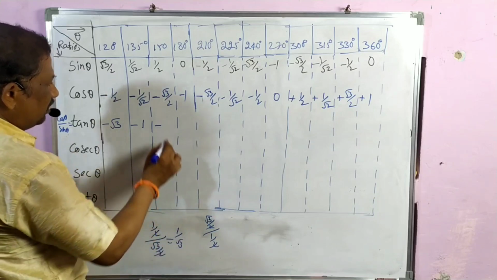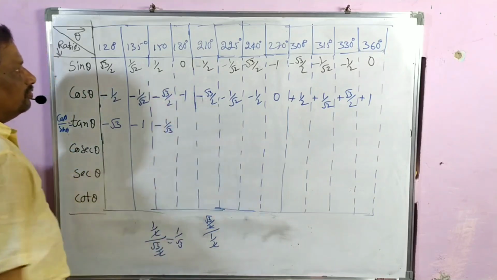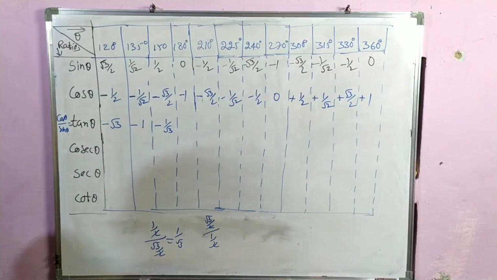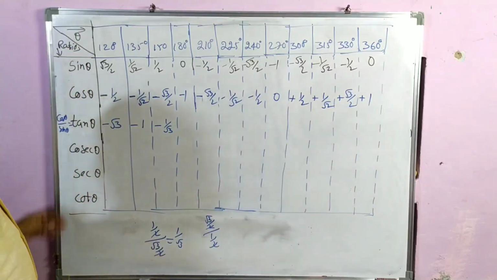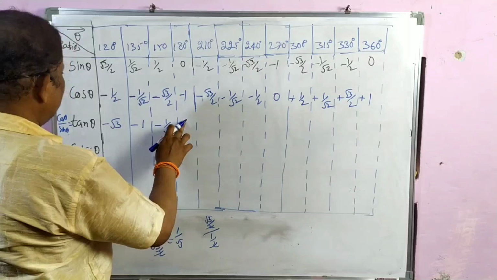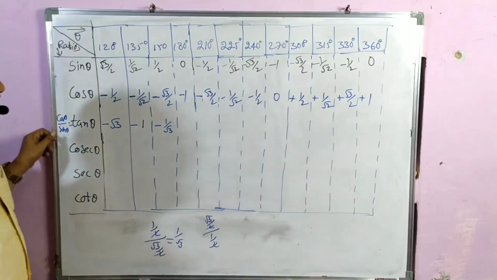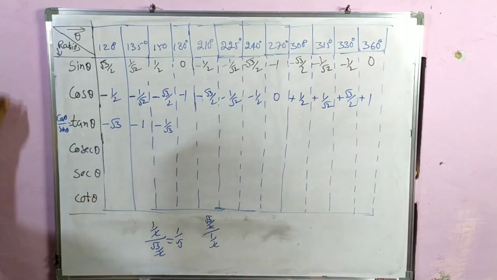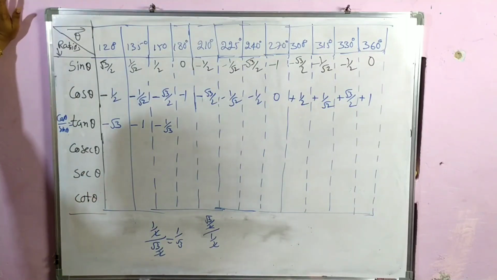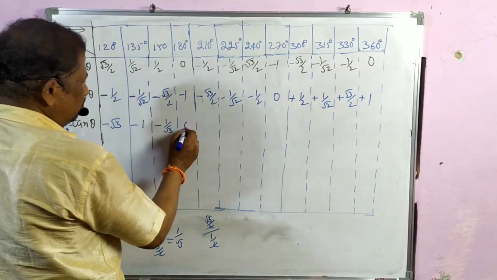Reciprocal, 1 by root 3 will come. 1 by root 3. Next, 90 plus 90. Cot 90. So tan will become cot. Cot 90 means cos 90 by sin 90, so 0 by 1, 0.